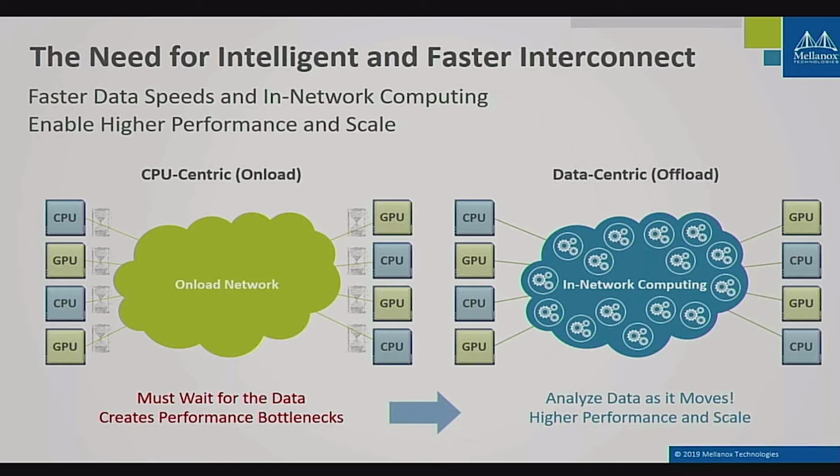We see opportunities for doing things differently, doing a new co-design between software and hardware, a new co-design between end nodes and interconnect. And within those opportunities, we see a very good opportunity for doing things with the data as it traverses the network.